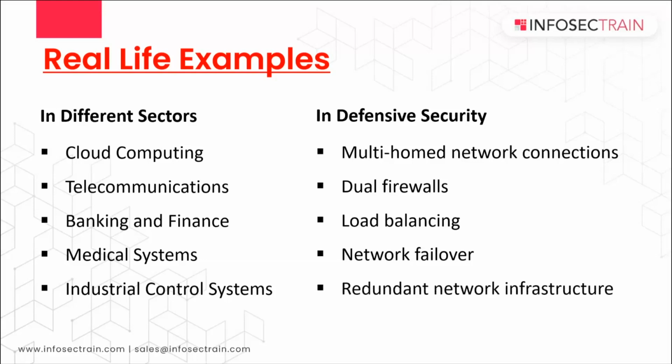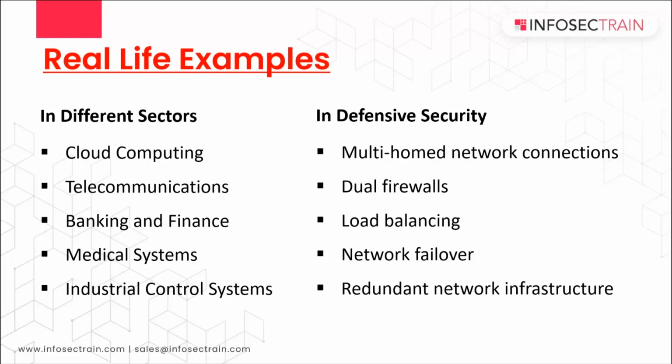Redundant network infrastructure involves having multiple switches, multiple routers, and any other network devices to provide redundancy, right? So if one device fails, the network can continue to operate through the other devices. This basically helps to ensure that the network remains secure and operational.